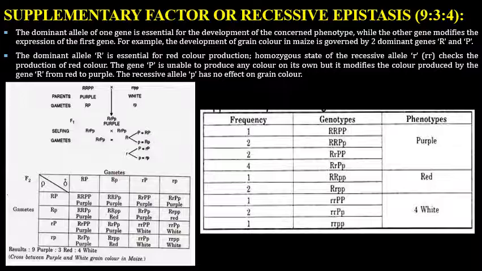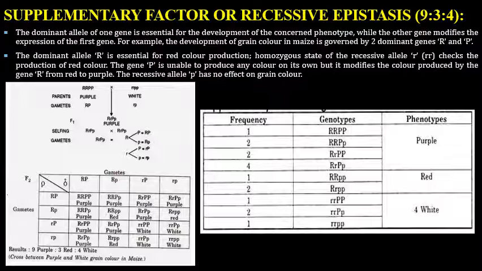The gene P is unable to produce any color on its own, but it modifies the color produced by gene capital R from red to purple. The recessive allele p has no effect on the grain color. Here, with this example of grain color in maize, the P gene is supplementary to the R gene.